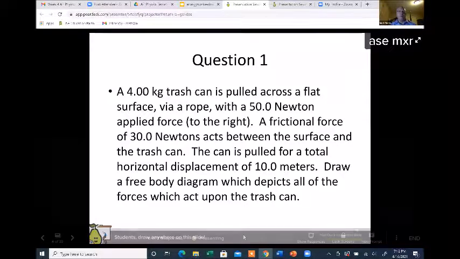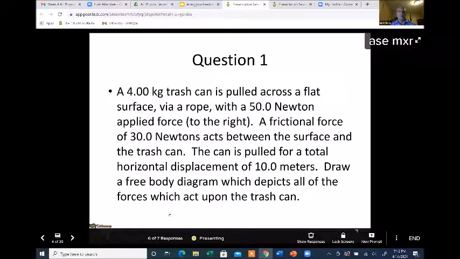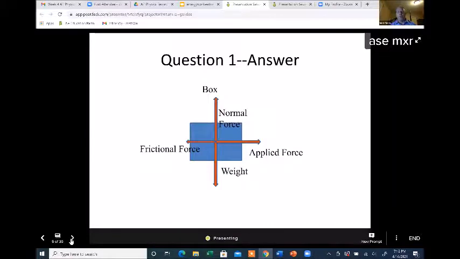I want to go to the next slide and show you what the answer looks like. This is what we should have seen. We were pulling or pushing on that box. I think we were pulling on it with an applied force, so we draw that force acting out from the center of the box, moving toward the right. The box has weight.